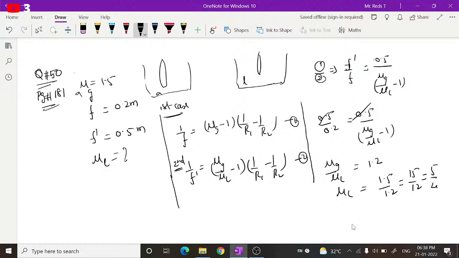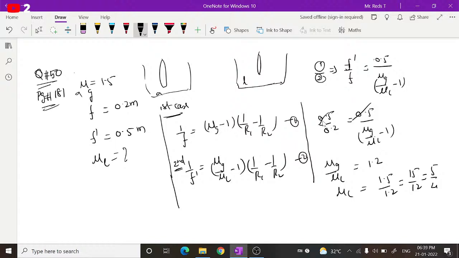Focal length, the refractive index of the liquid. Did we do this properly? Mu g by mu l, mu g by mu l minus 1, are the values I have taken properly? 1.5, 1.5. Wait a second here. Focal length 0.2.